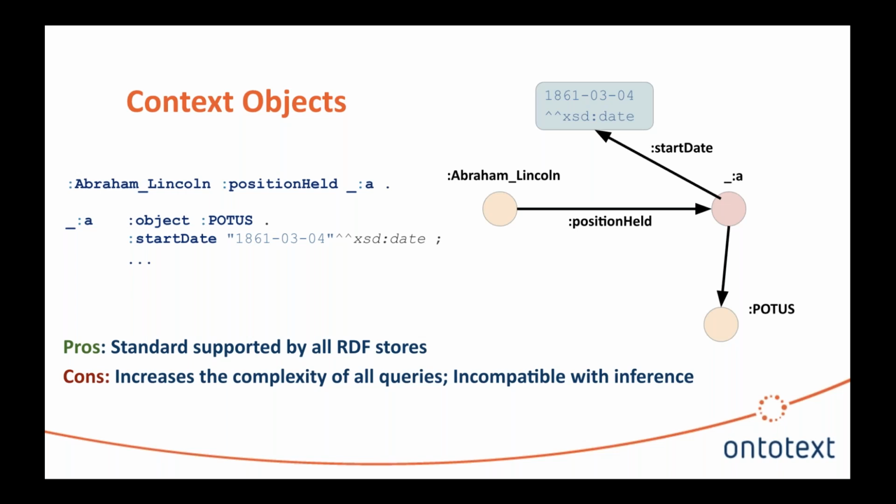Obviously, the complexity will propagate to all queries because you have to rewrite every triple pattern. It's not a direct triple pattern anymore, but every single triple pattern will be joined if there is metadata for this object, and you need to make this consideration for this blank node.